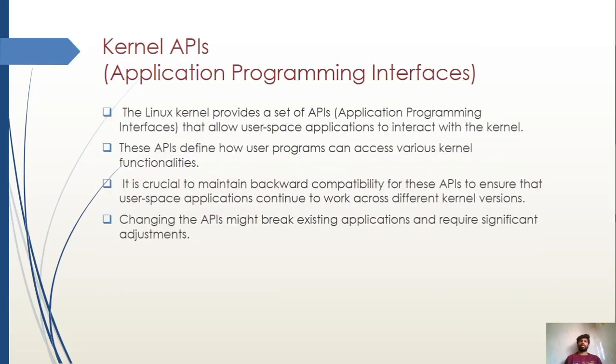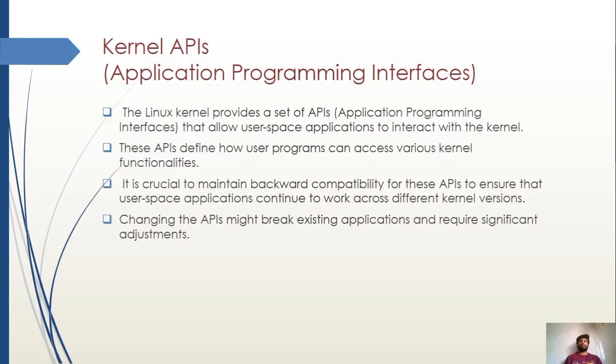So let us move on to kernel APIs. What is an API? API means application programming interface. The Linux kernel provides a set of APIs that allow user space applications to interact with the kernel. These APIs define how user programs can access various kernel functionalities.